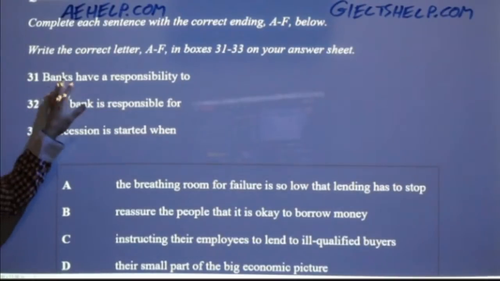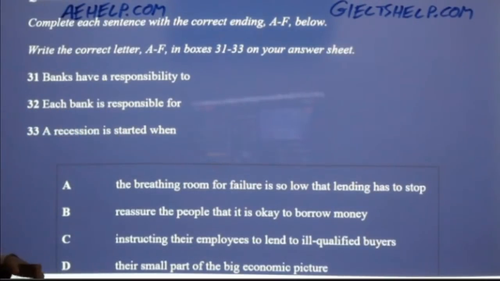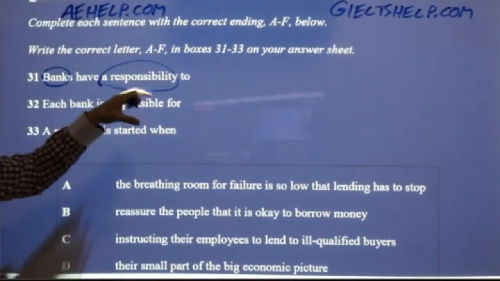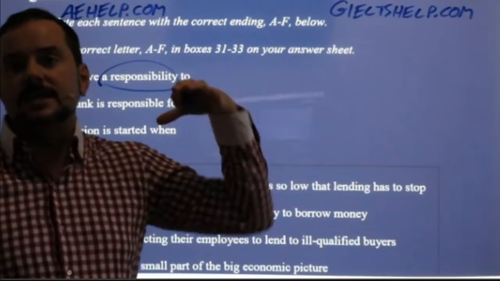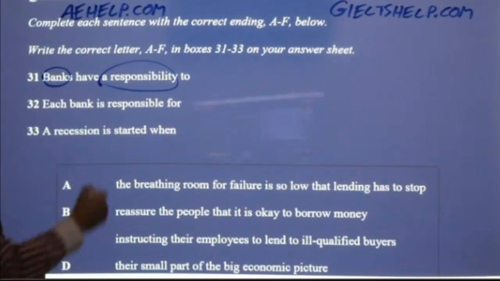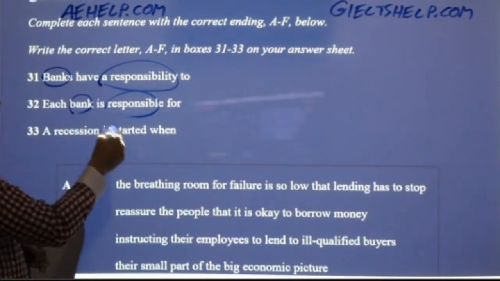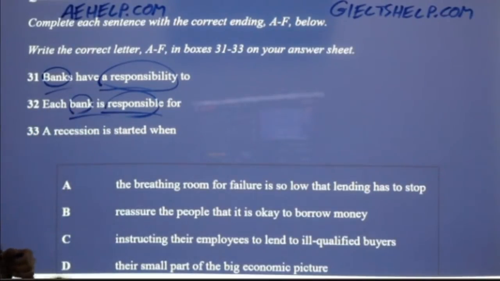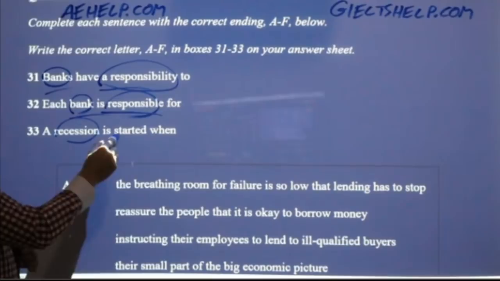So banks have a responsibility. Keywords, banks, responsibility. So something about bank's responsibility is in the passage. Okay, each bank is responsible for, okay, I have bank and responsible again. So obviously this is an important point in the passage. And then recession is started when?